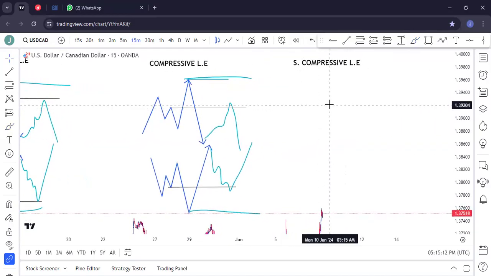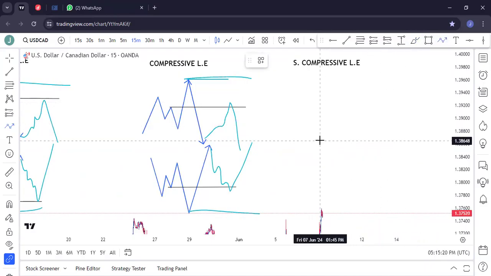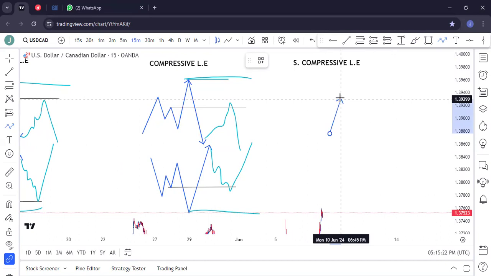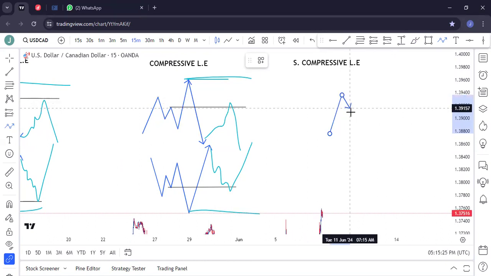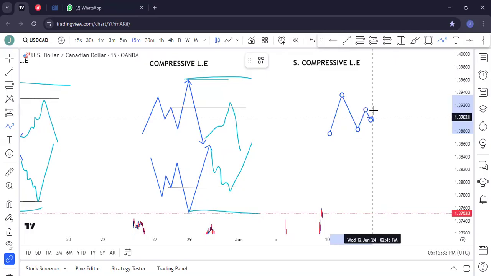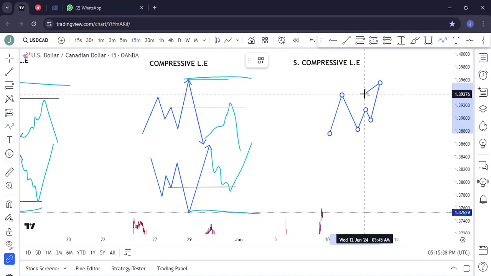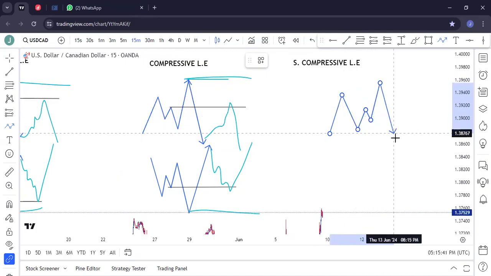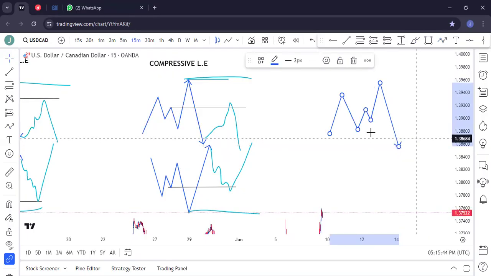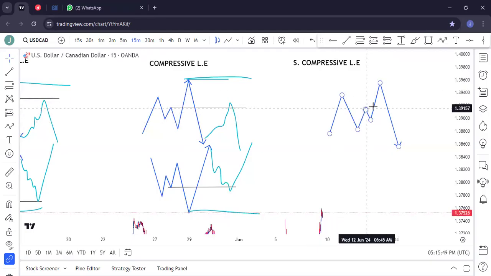Now, on to the third type, we call it simple compressive liquidity engineering. In this type, the market creates a high, then a low, then before coming to break the structure here, it creates a small trend like this, then it breaks the structure. After the break of structure, the market changes the character. Now you can see the difference between the compressive and the simple compressive.